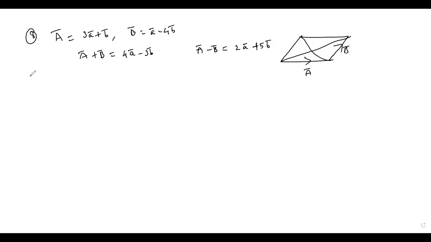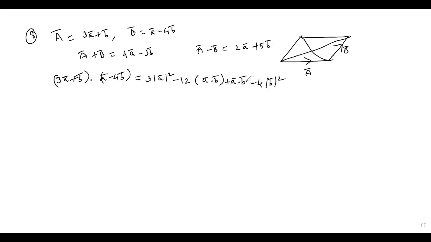Now coming to this, if I find the dot product between the sides, 3A bar plus B bar dot A bar minus 4B bar, what will we get? 3A bar dot A bar, that is 3 into mod A bar square, then minus 12 A bar dot B bar, B bar dot A bar is nothing but A bar dot B bar only, minus 4 B bar dot B bar is mod B bar whole square.